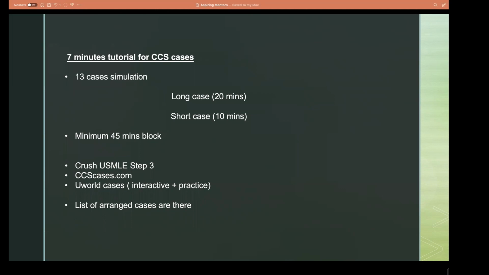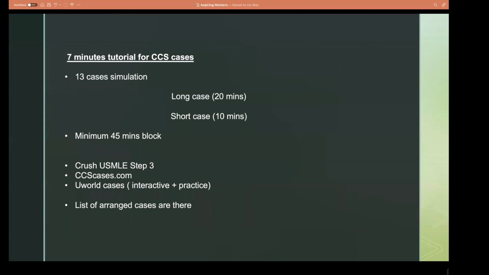So when you are close to the exam, you can prioritize according to importance. I did it like that so that I would not miss any important topic or case before going to the exam, because CCS cases carry a lot of weight in paper 2, like biostat in paper 1.